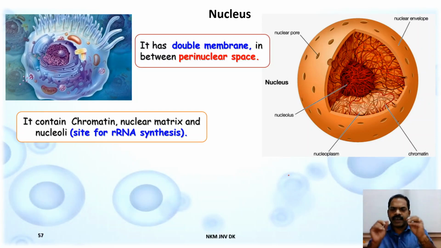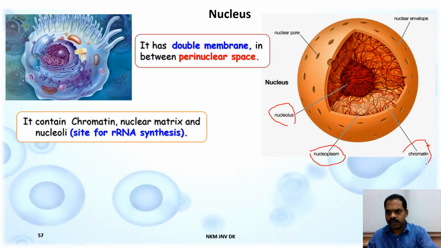And a matrix, the liquid or semi-liquid component, is called the nuclear matrix or nucleoplasm. And nucleoli. A nucleolus is a round structure. You can see here the nucleolus, the nucleoplasm, and the chromatin reticulum.